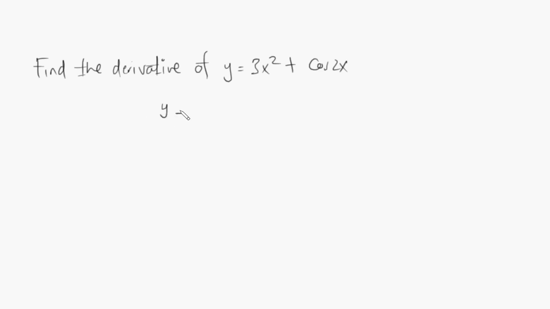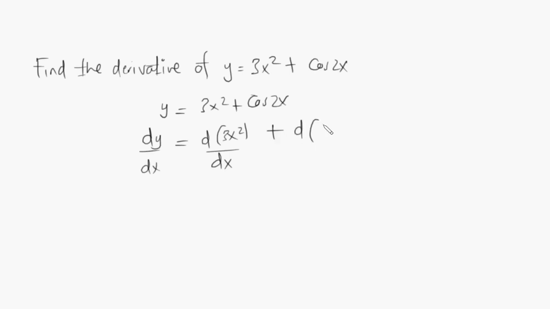So we have here y equals 3x squared plus cos 2x. This is a polynomial function. So for my dy dx, I'll just have to differentiate one by one like this. So this will be my d of cos 2x over dx.